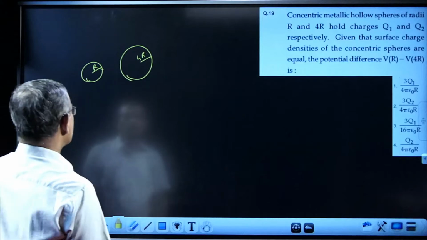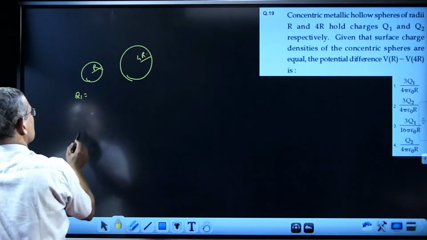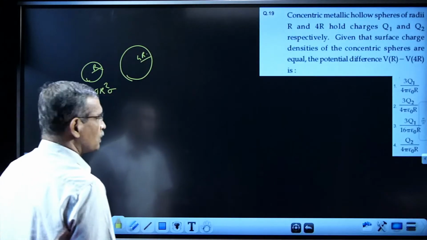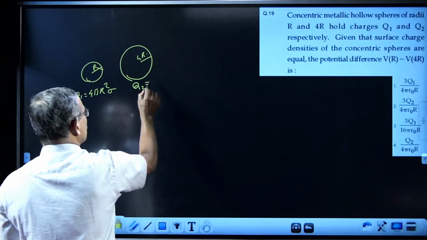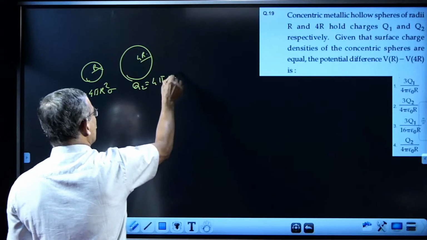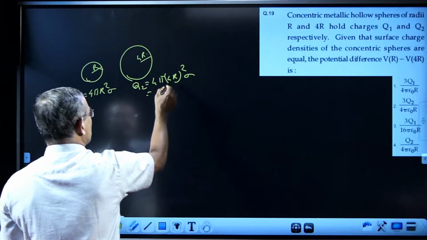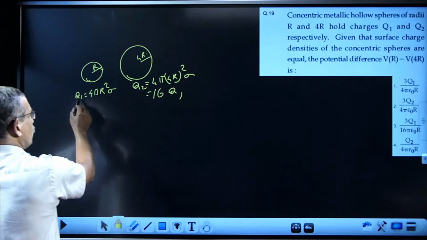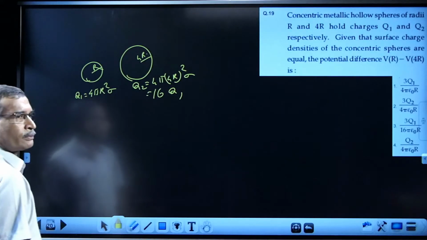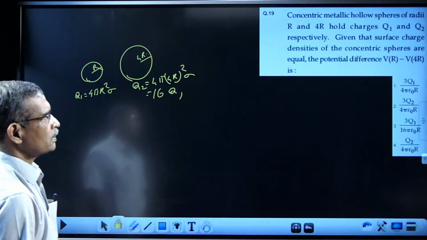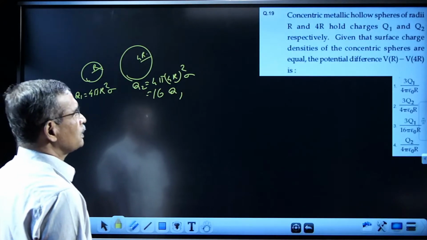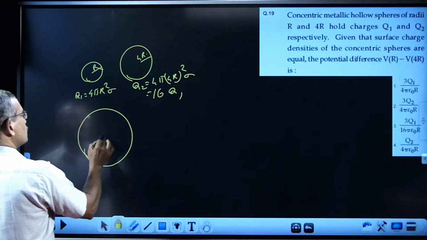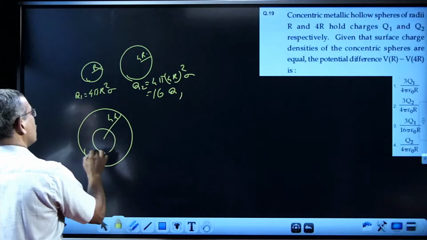Sigma is the same, therefore Q1 is the charge on this one, 4 pi R squared sigma. Here Q2 is equal to 4 pi (4R) squared sigma, which is 16 Q1. This is the charge on these two, with one sphere inside the other.